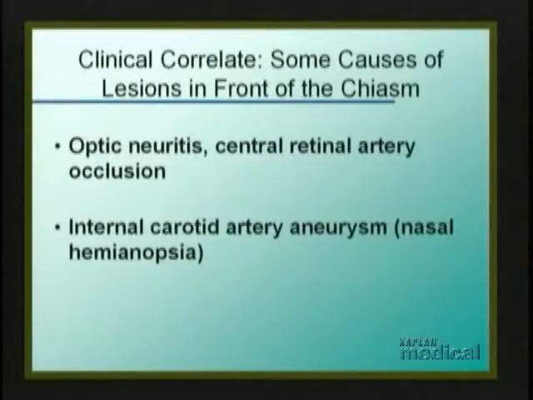But now, a common cause for a nasal hemianopsia is a medially directed internal carotid artery aneurysm that compresses just the fibers on the outside of the optic nerve just in front of and adjacent to the optic chiasm. So that's a very common cause of a patient's ipsilateral nasal hemianopsia.